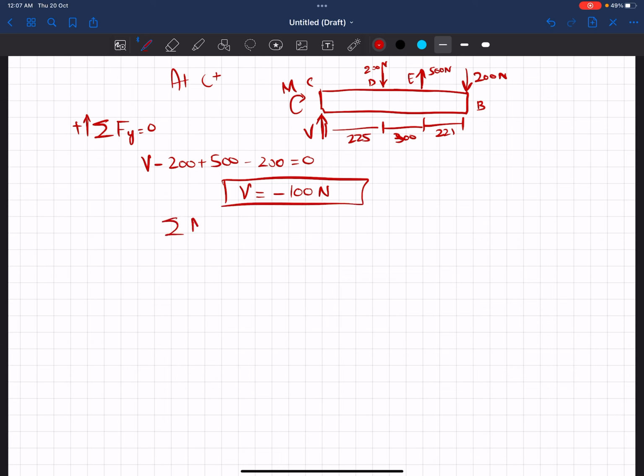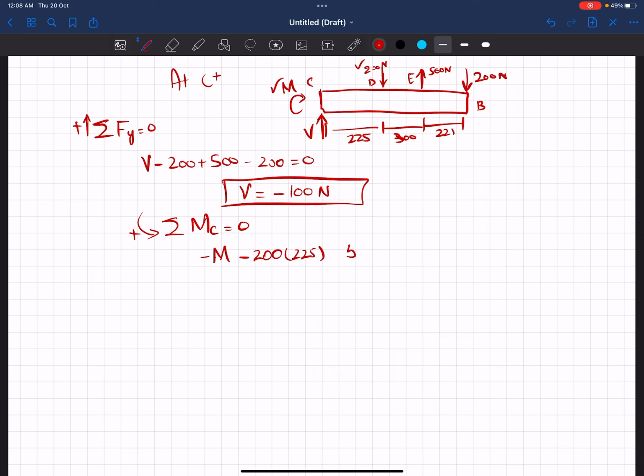Similarly, the sum of all moments about point C must be equal to 0, taking the counterclockwise moment as positive. At point C we have this external moment M, which is clockwise, so minus. One moment is due to this load, 200 into perpendicular distance 225, that is clockwise.